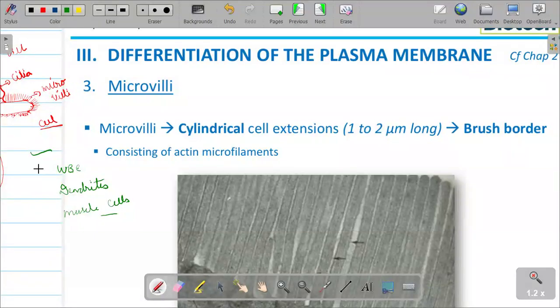What do you think might be the functions of microvilli?